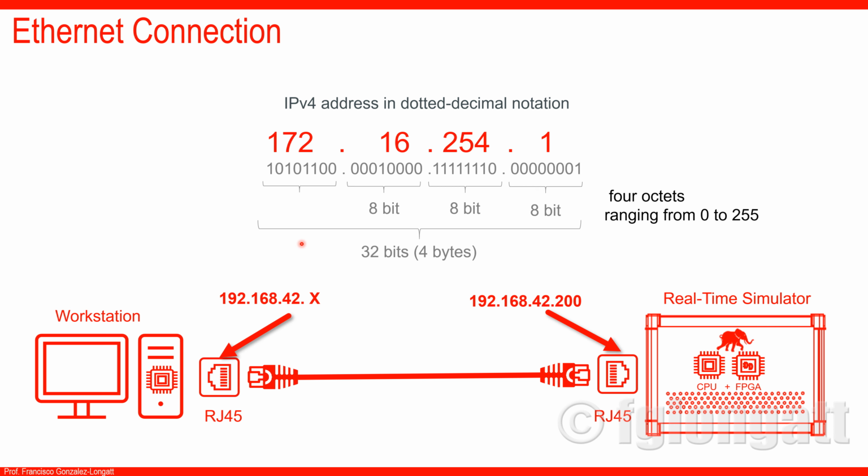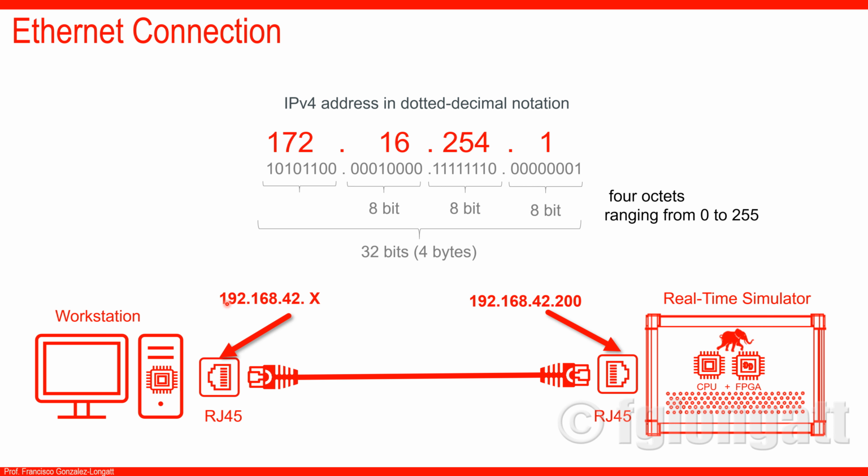Well, what I am telling you is, in order to establish the communication between the workstation and the real-time simulator, you must have a very specific IP address for the real-time simulator and the workstation. And in order to establish a successful connection, the first three octets in this IP version 4 address must be the same.